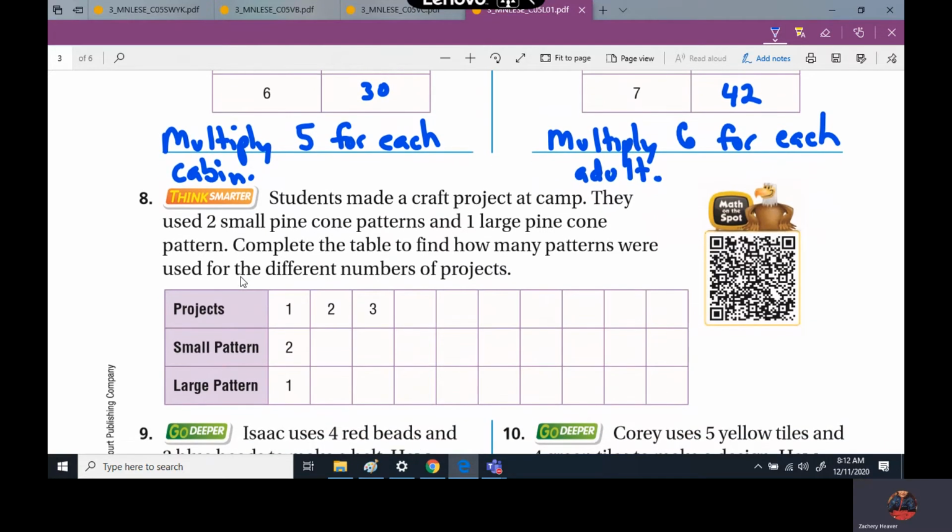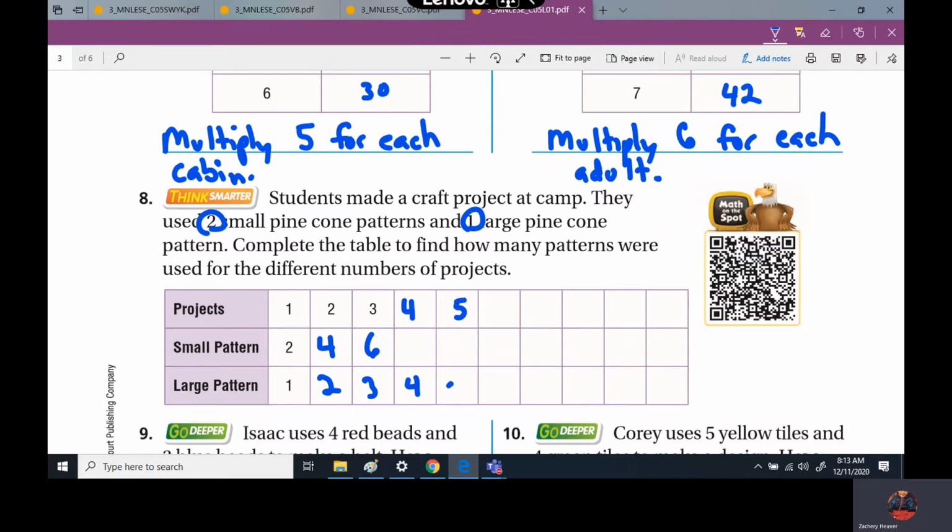All right. Students made a craft project at camp. They used 2 small pine cones and 1 large pine cone pattern. Complete the table to see how many patterns they used. So for 1, they had 2 and 1. For 2, they're going to have 4 and 2. For 3, they're going to have 6 and 3. So 4, 4.